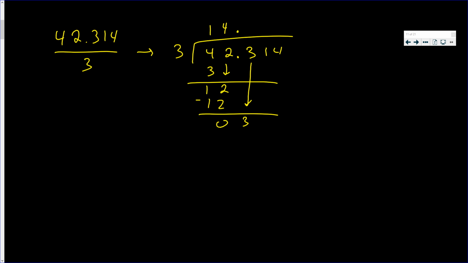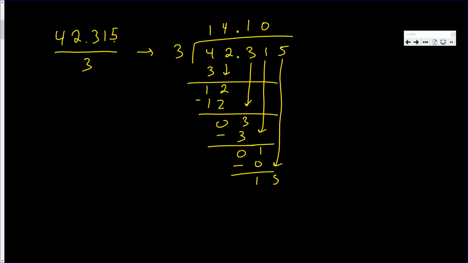Bring down this 3. 3 does go into 3 one time. You get 0. Bring down the 1. 3 goes into 1 0 times. Get 1. And just to make this work out nicer, let's make that last digit a 5.